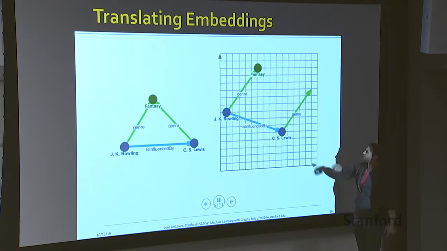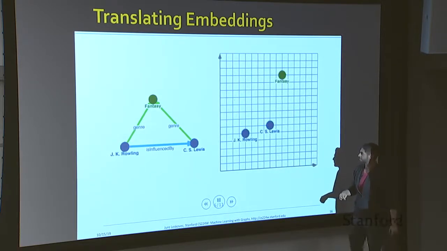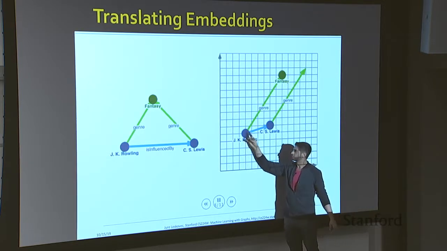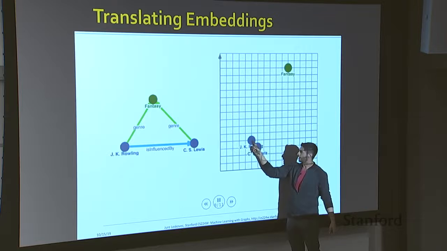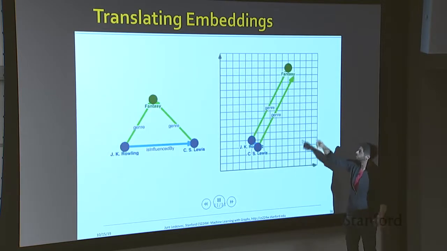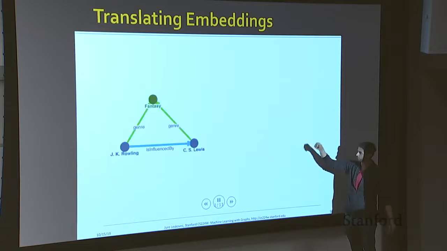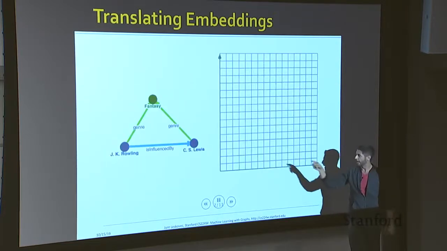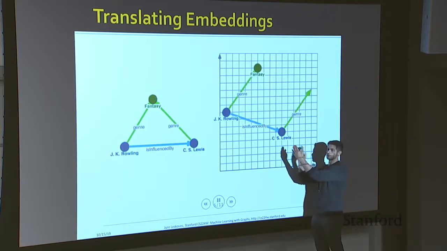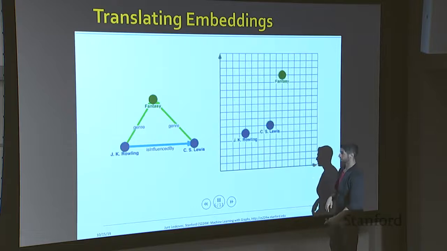So what this translating embedding tells us is that a relation is nothing but a translation in the space from an entity node, the head entity node, to the tail entity node. So if J.K. Rowling and C.S. Lewis point to the same tail entity, then they have to get closer to each other in our embedding space, okay?